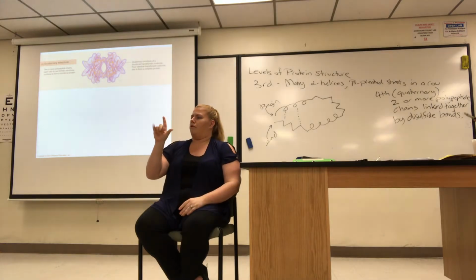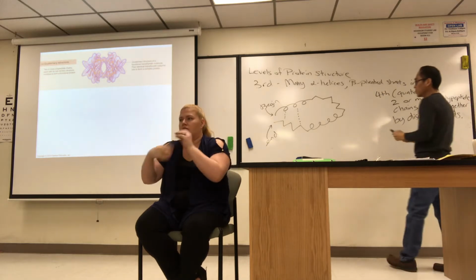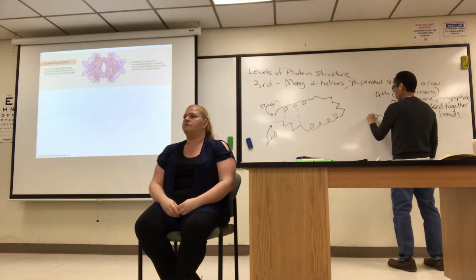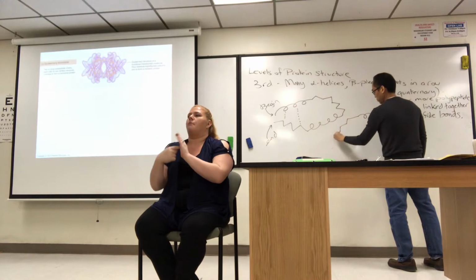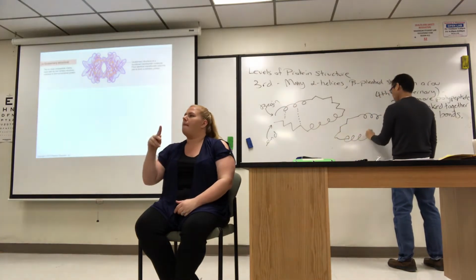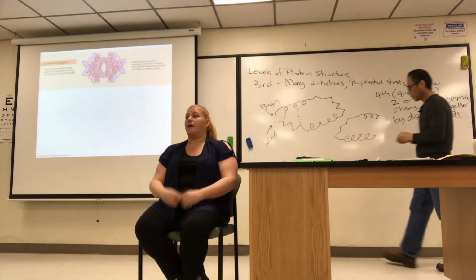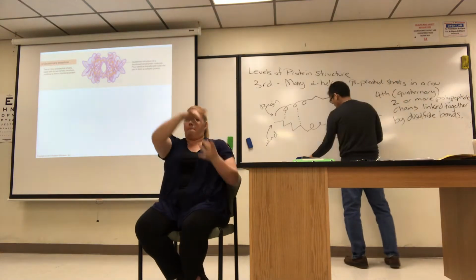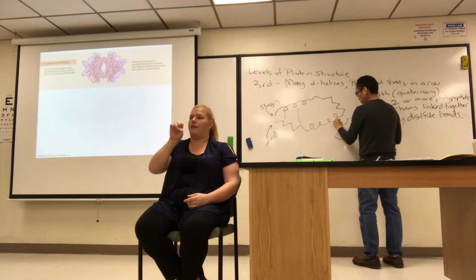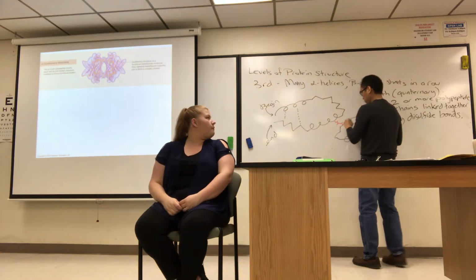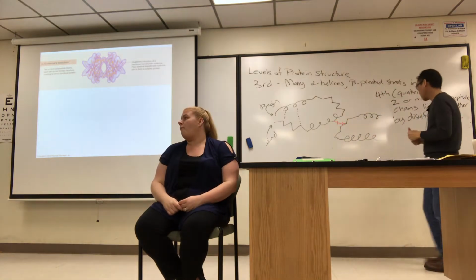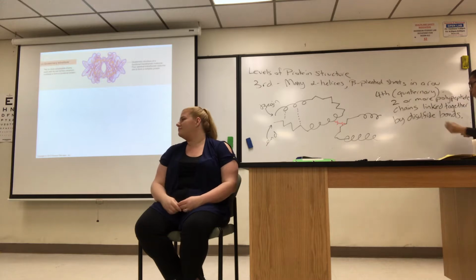So let's get another one of these polypeptide chains. And then there's another one, and they're linked together by a disulfide bond. Very strong bonds. So that's the disulfide bond there in red.